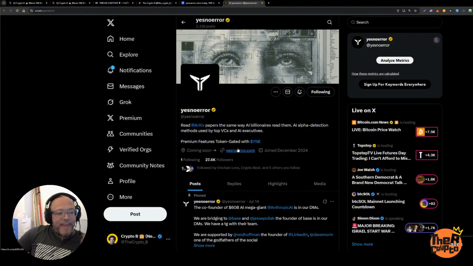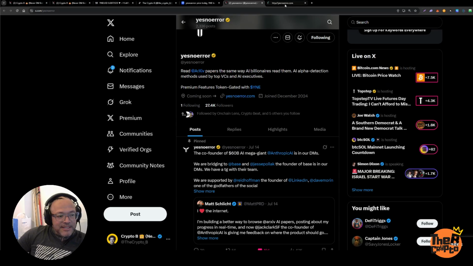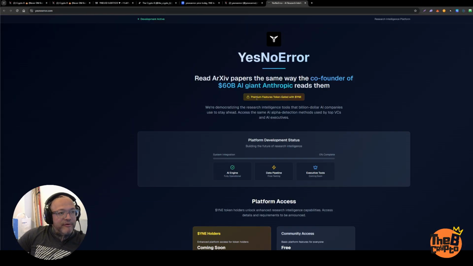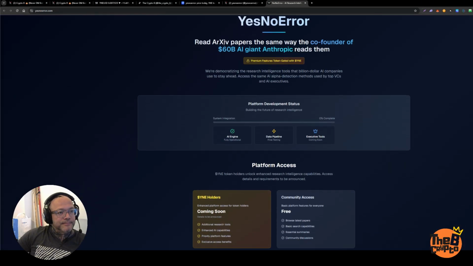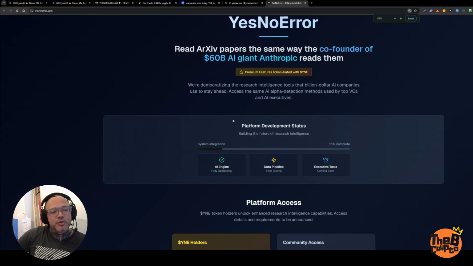Read papers the same way AI billionaires read them. AI alpha detection methods used by top VCs and AI executives. This is a very, very good project. Read arXiv papers the same way the co-founders of the 60 billion AI company Anthropic read them.